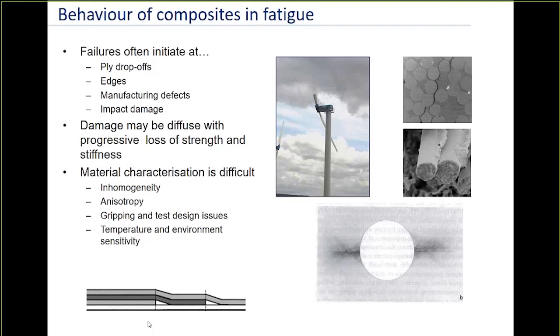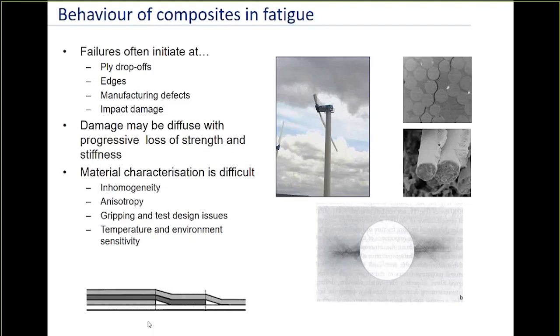When it comes to analysis, fibre reinforced materials are typically inherently anisotropic and inhomogeneous, and that makes FE much more difficult, complicated. They can also be very sensitive to temperature. They're often operating close to or above the glass transition temperature of the matrix in some cases, particularly with thermoplastics.